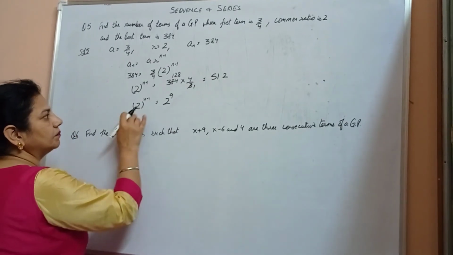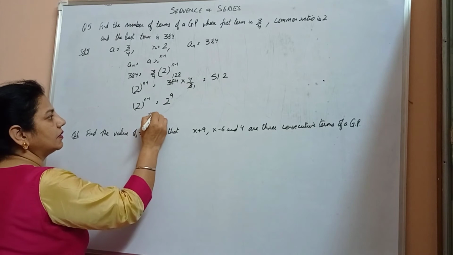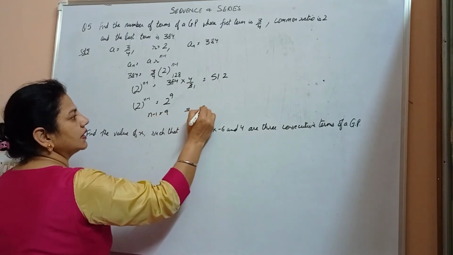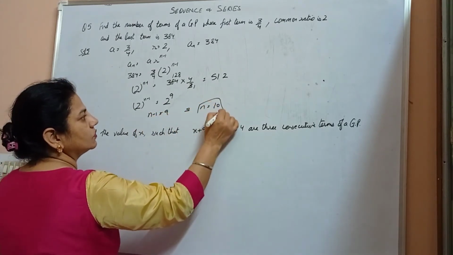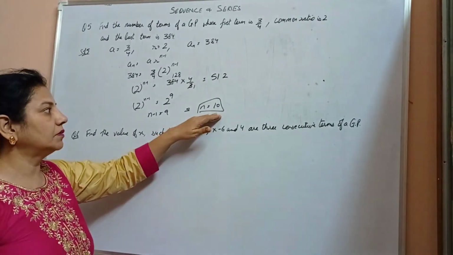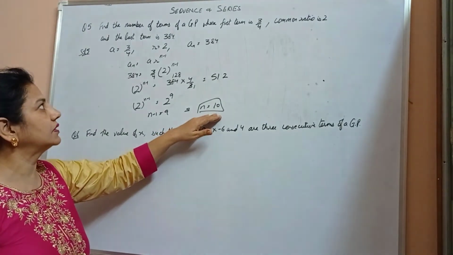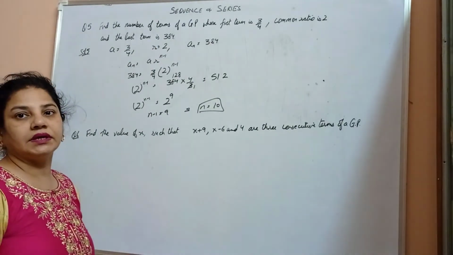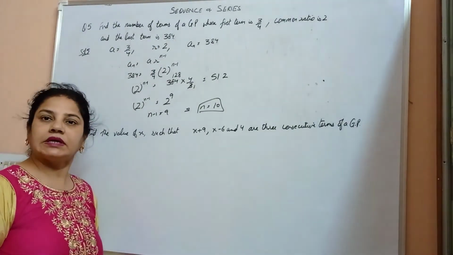So on comparing the powers, we get n minus 1 is equal to 9. This implies n is equal to 10. So they are asking for the number of terms. There are 10 terms which give the last term as 384. So the number of terms is 10.